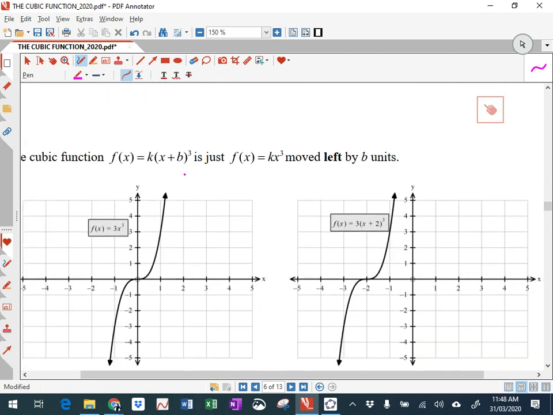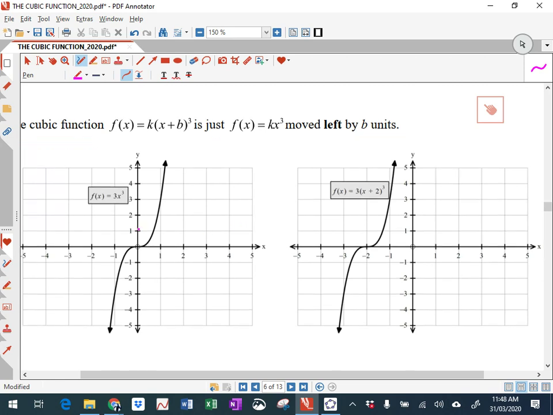If you get a cubic function x plus b cubed with k out the front, that's just your basic cubic, kx cubed, moved left by b units. Okay, left. So let's have a look. Here's a basic cubic function, and here's 3 brackets x plus 2 cubed. So the original function has just been moved left 2 units.